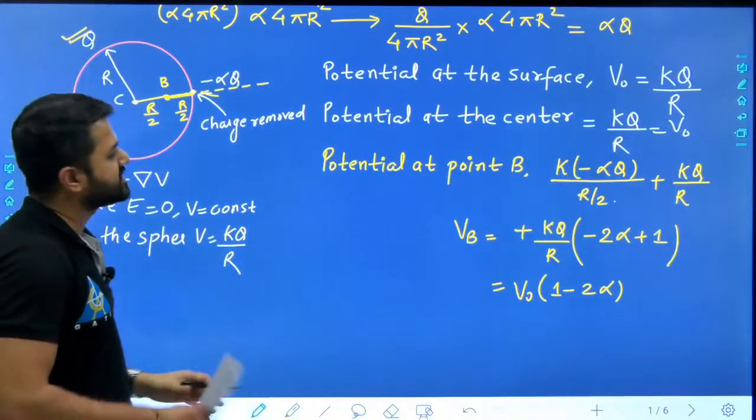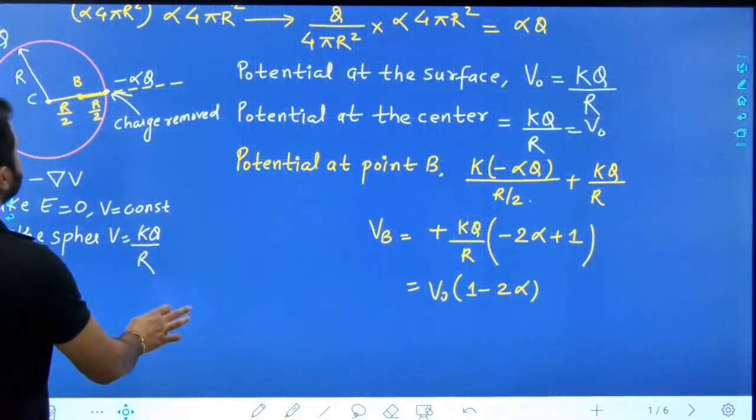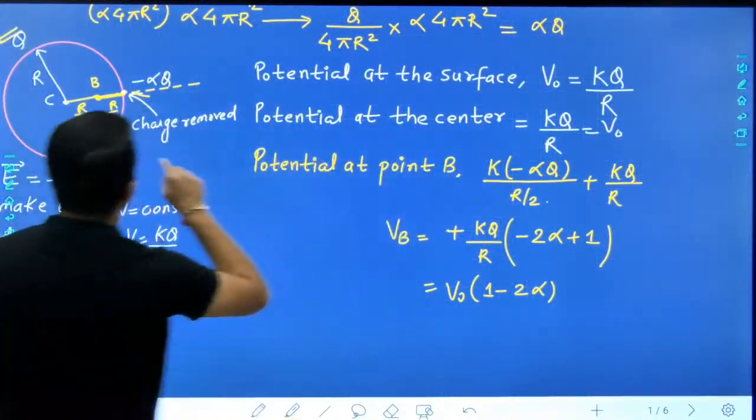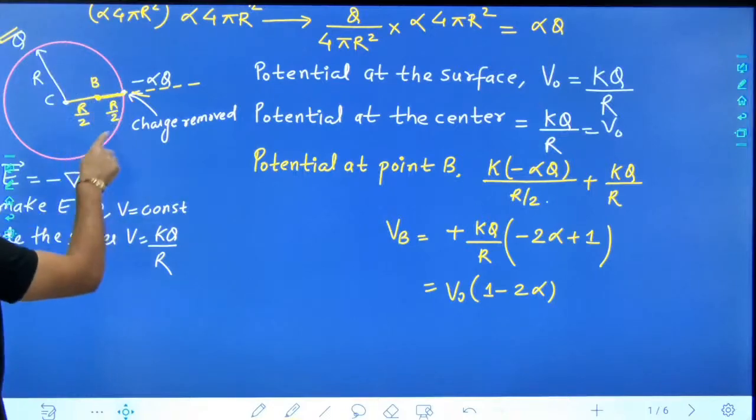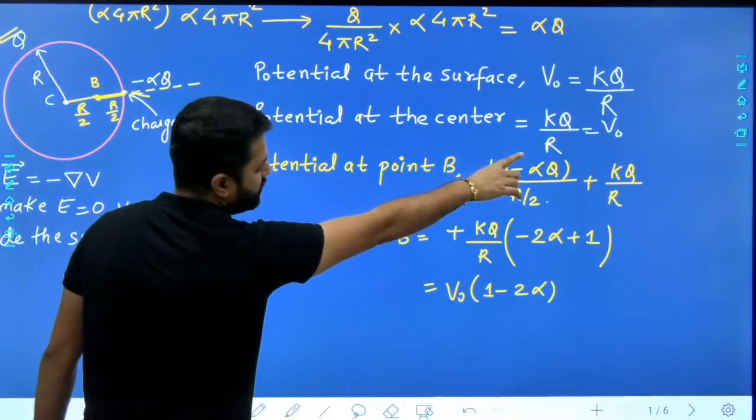Similarly, there is one point which we have missed, the potential at the center. The potential at the center, because of the charges present on the surface, we have written as K q by r.